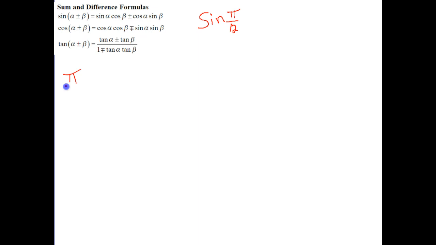If we look at pi over 3 minus pi over 4, that is pi over 12, because this is 4/12, this is 3/12, and 4/12 minus 3/12 is 1/12. So we can rewrite this as sine of the quantity pi over 3 minus pi over 4.